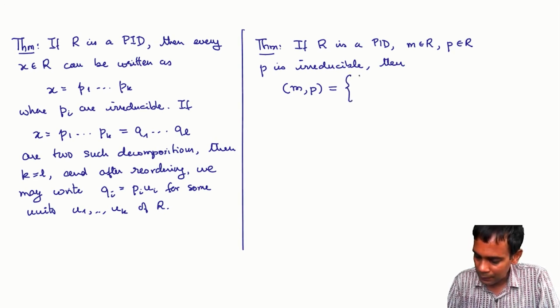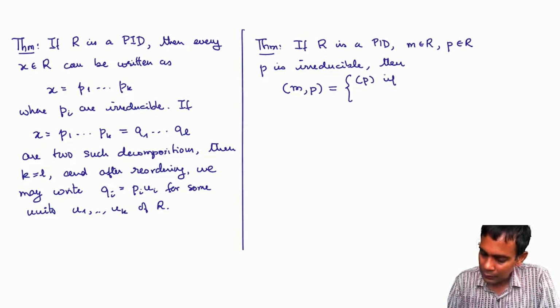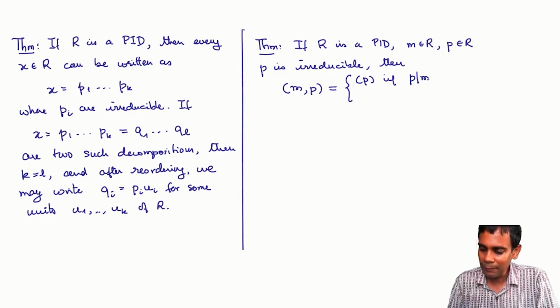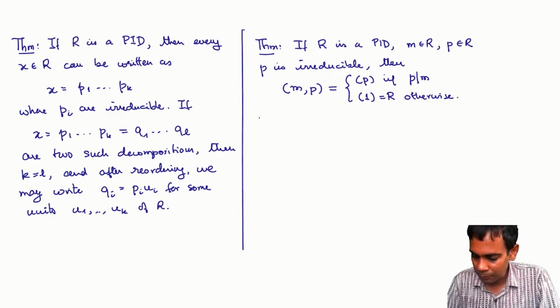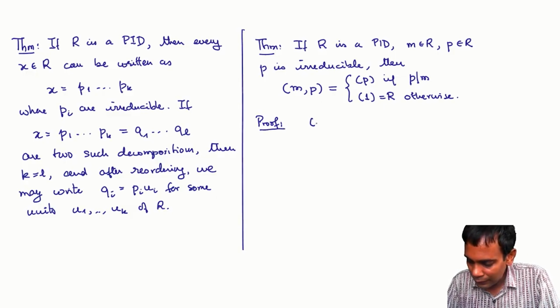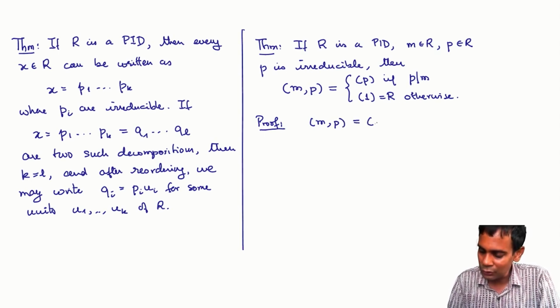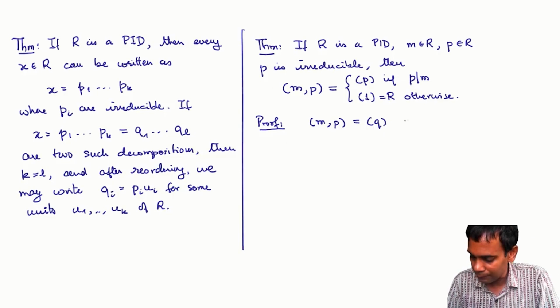This is the ideal generated by p if p divides m, and if p doesn't divide m, then this is the ideal generated by 1, which is equal to R. And the proof goes as follows. We know that the ideal generated by m and p is a principal ideal, so it's generated by some element q, say.